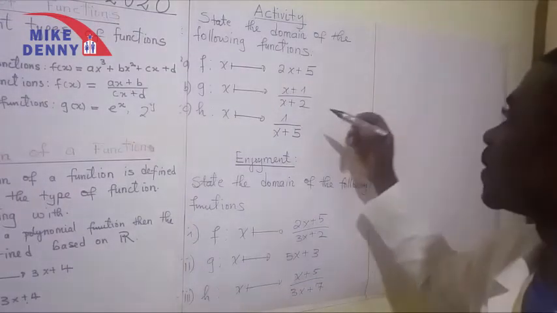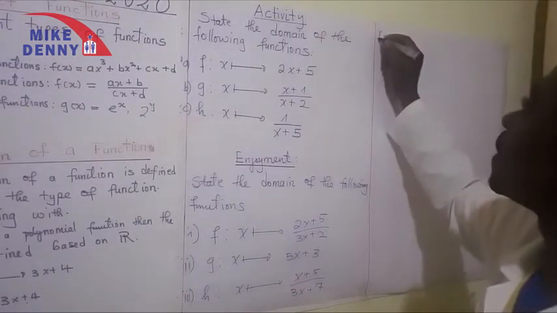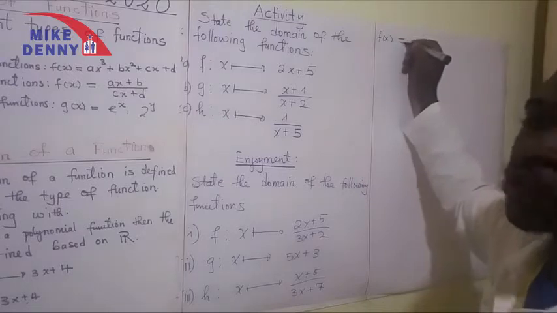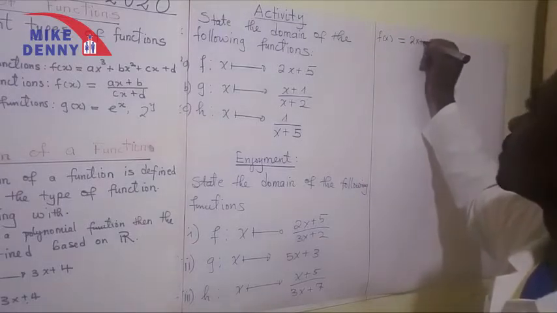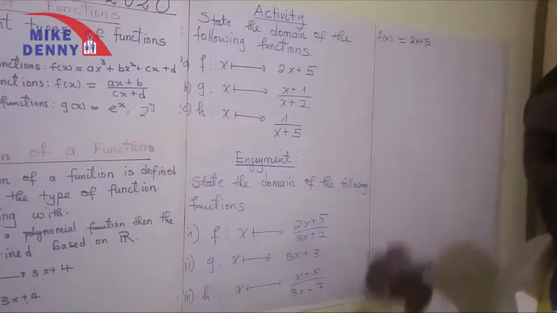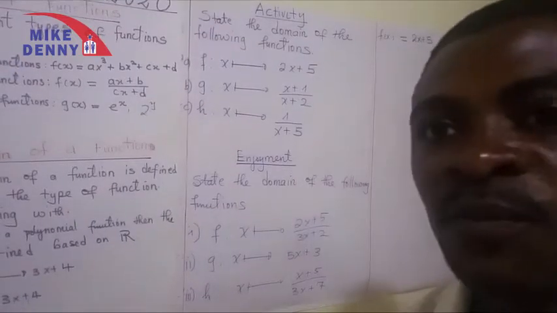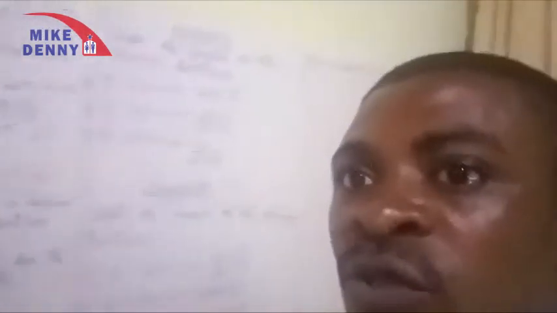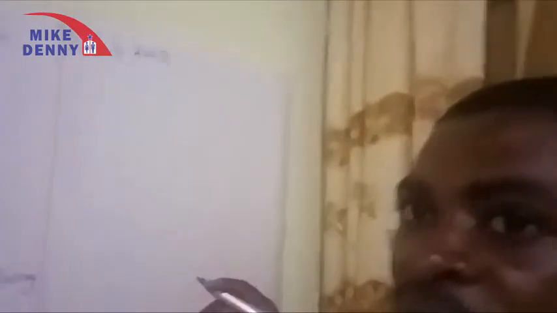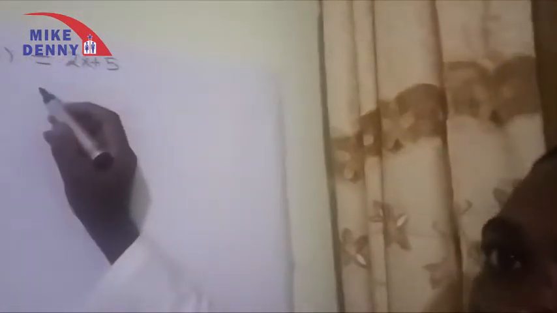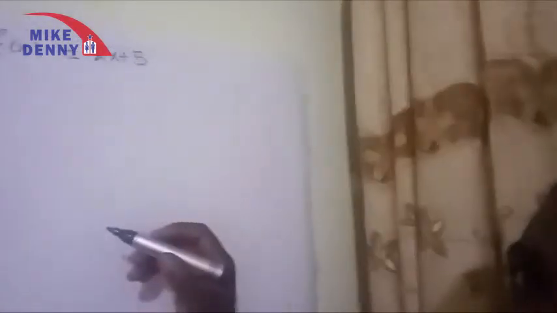So I'm going to solve. The first one, we're saying that f of x is equal to 2x plus 5. Recall I said for you to come out with your domain, you must equate it to 0. So here I'm going to equate my f of x to 0.